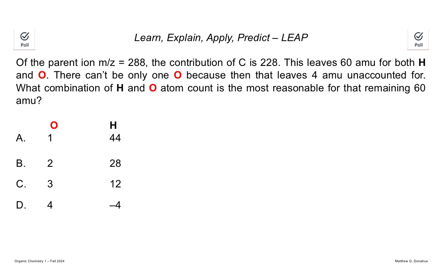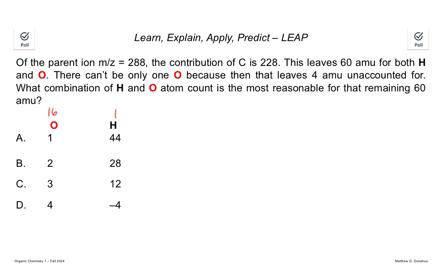So we just set up this little table here, where we're looking at different ratios now of the oxygen to the hydrogen. And so in the oxygen column, we're just increasing from 1 to 2 to 3 to 4. And then the hydrogen, we're seeing what then is the difference.